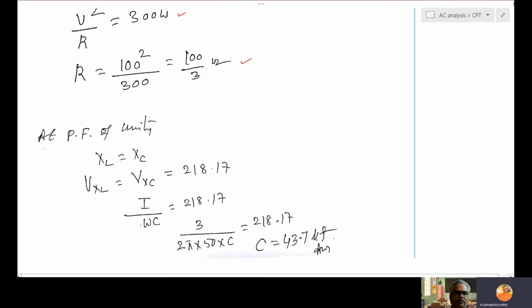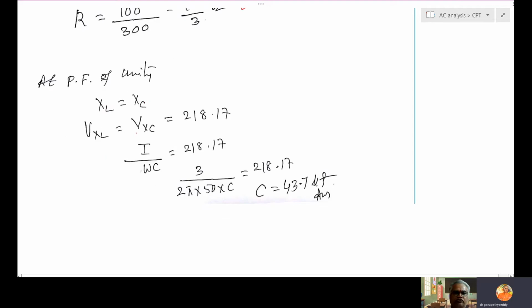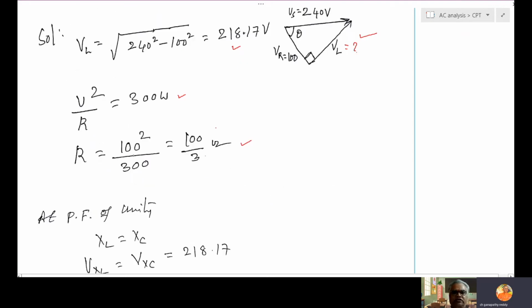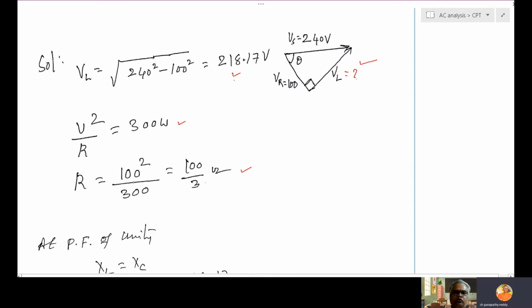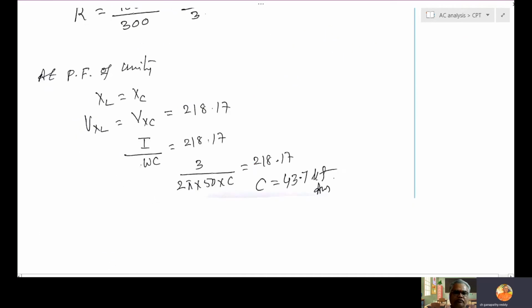And at unity power factor, inductive reactance and capacitive reactance are equal. Voltage is also equal. But what is the voltage across the inductor we got? 220. So the voltage across the inductor and the voltage across the capacitor are the same.